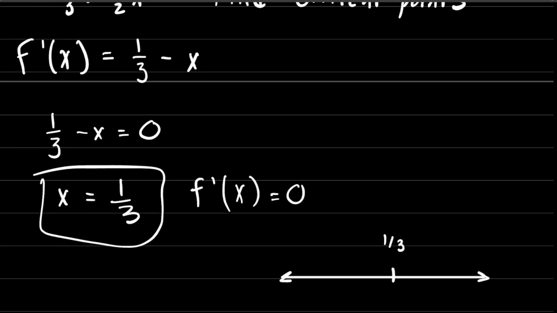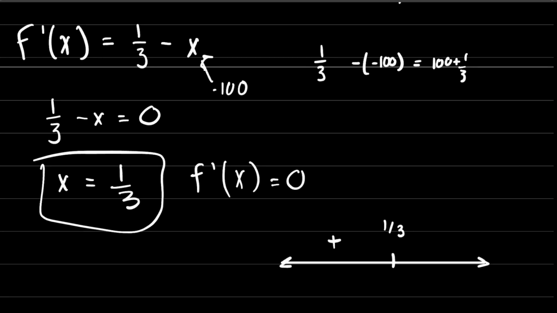If we plug in, let's say, negative 100, this ends up being positive, because we get 1/3 minus negative 100, which equals 100 plus 1/3. And then if we put in a positive value, like 100, we just get 1/3 minus 100, so this becomes negative.